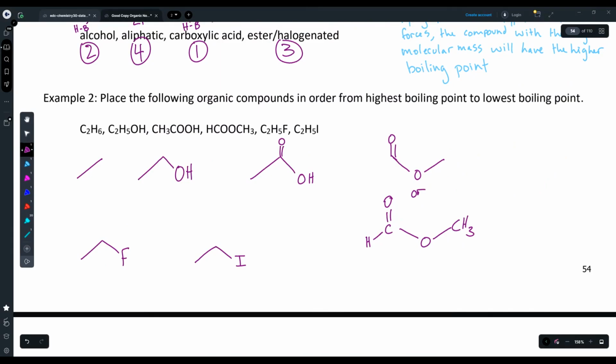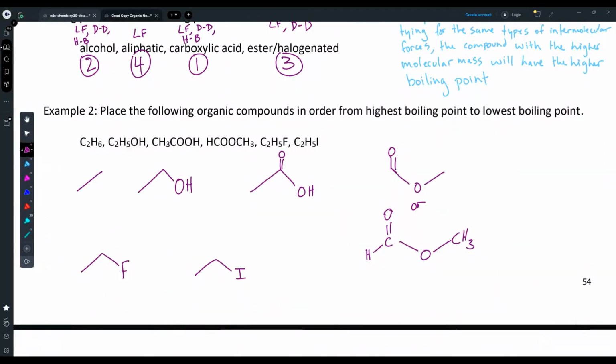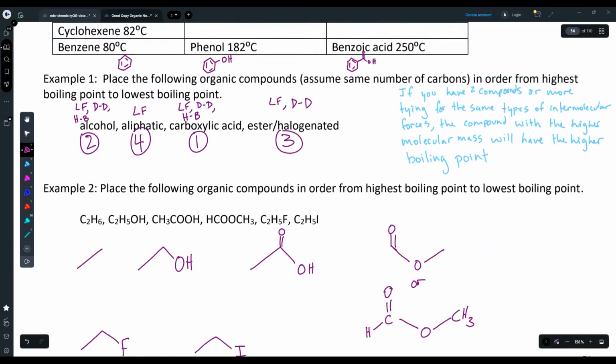Okay, so based off of our previous notes here, we know that carboxylic acids are going to be the compounds that have the highest boiling points, then alcohols, then esters or halogenated hydrocarbons, and then aliphatic compounds are just carbon chains.